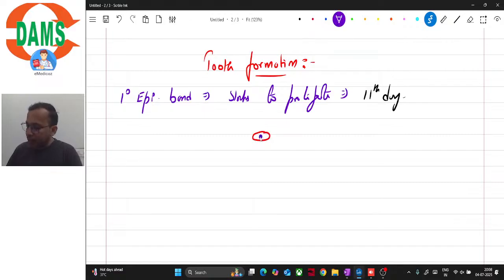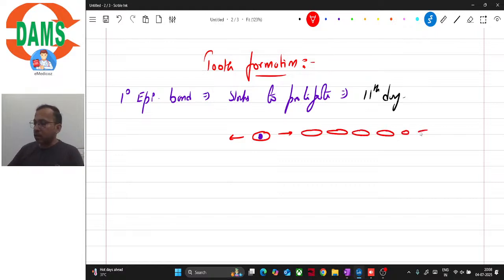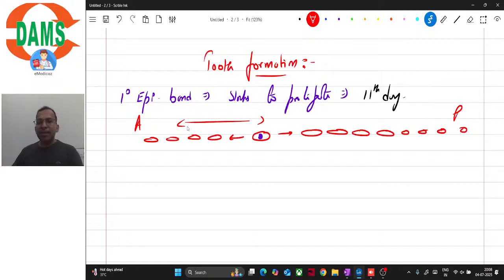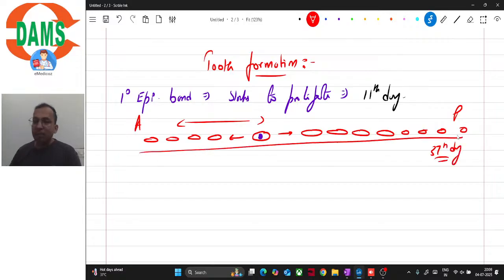Initially these epithelial cells would proliferate in a horizontal plane, like this. So you will have lots of epithelial cells growing in the antero-posterior direction. That is how these cells proliferate, and that is how the primary epithelial band is established. So by the 37th day, this entire primary epithelial band is established.